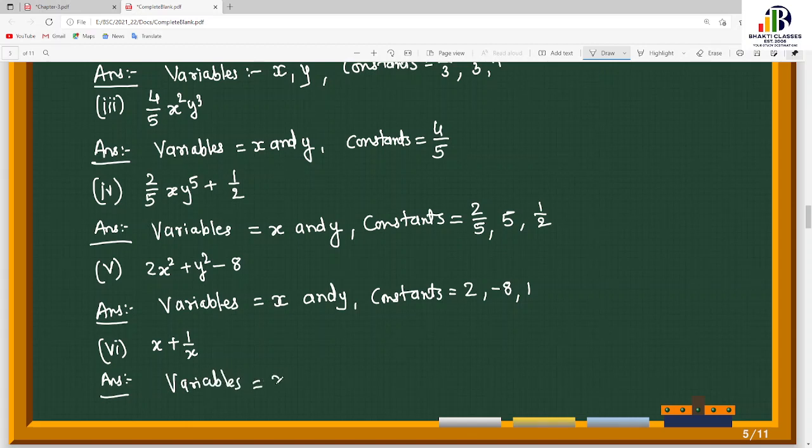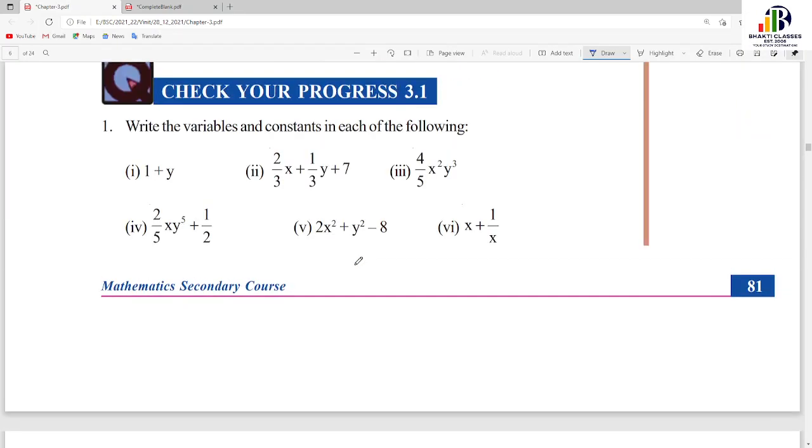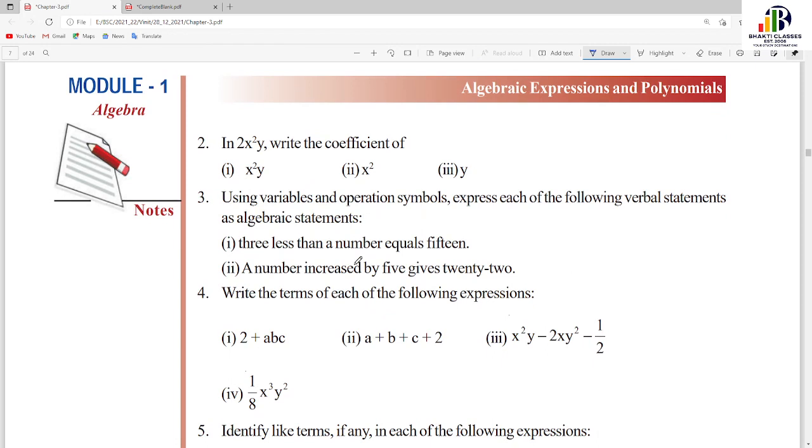Only one variable is there, x, and only one constant, that is 1. So we can easily find out the variables and constants in the given expression.